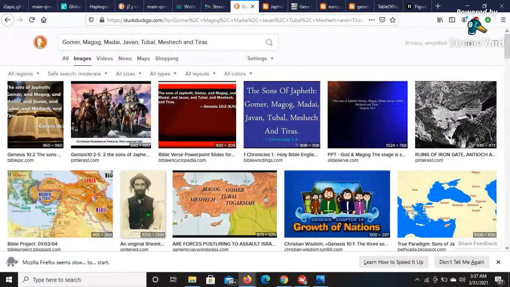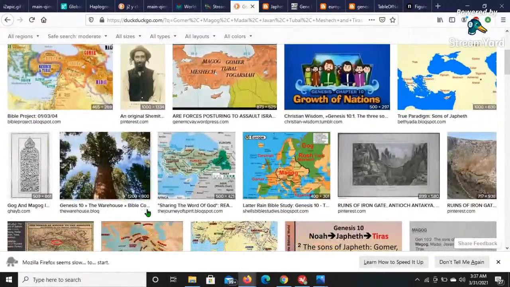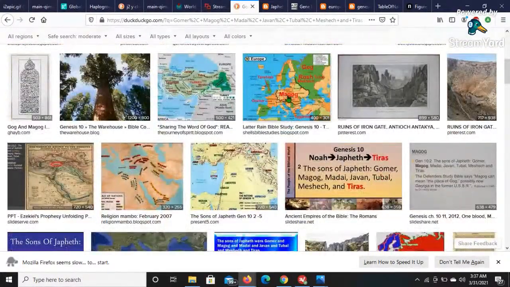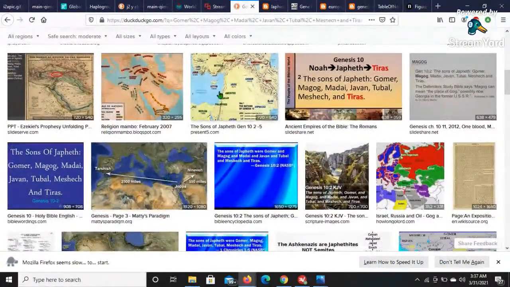But see, this map is all wrong here. It's got nothing to do with anything. Here's another map. Maybe it'll make sense.